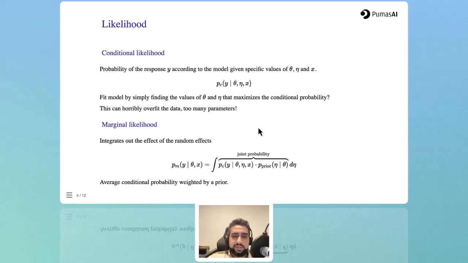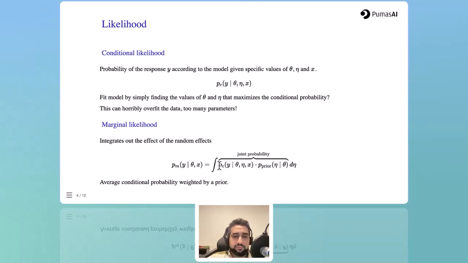So the value of eta ideally should not be like minus 100 or something like that if the prior is a normal distribution with mean 0 and standard deviation 1 or something along those lines. And so the prior should also not be completely violated. But more importantly, the prior is something that we can optimize when we're fitting the model.